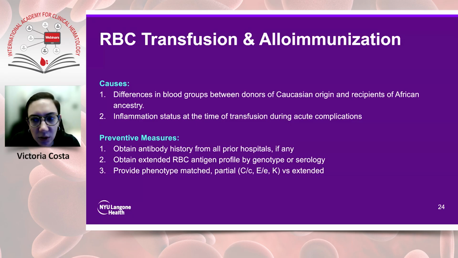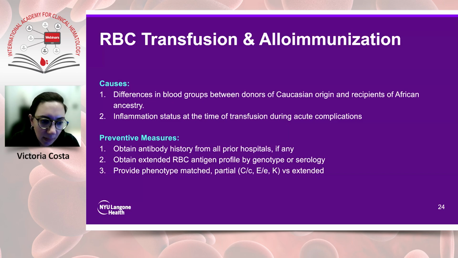And two reasons to explain this is because the blood that they're receiving has different antigen expression than their own blood. There are differences in blood groups between donors of Caucasian origin, who constitute most of our donor supply, and our population who's receiving the blood.